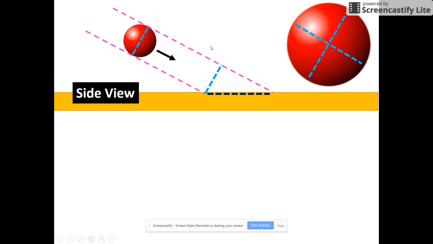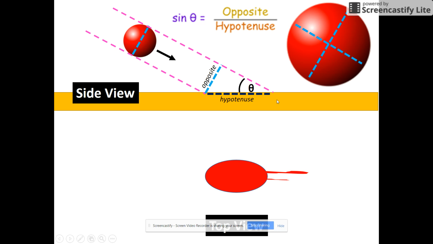So then if we add some more measurements onto this diagram, well, we've got a right triangle right here, and it turns out that this distance right here is the same as the width of the blood drop. And this angle right here, this is our impact angle, okay? Now, remember, the sine of that angle equals the opposite side, that's this right here, divided by the hypotenuse, that's this length right here.